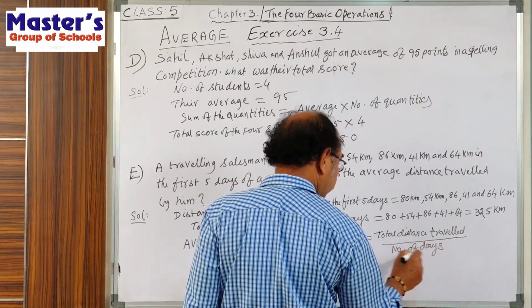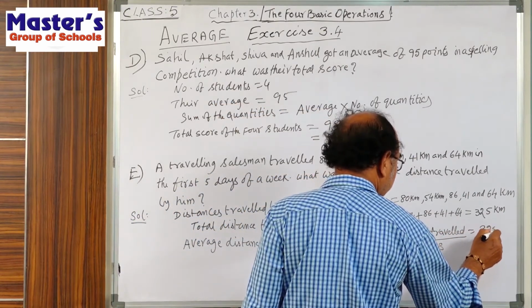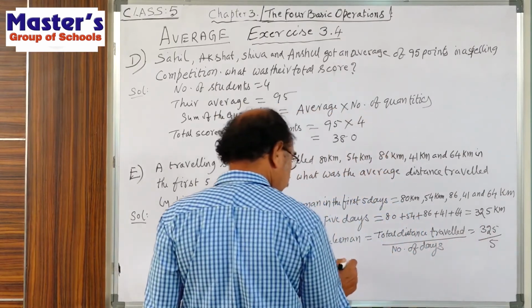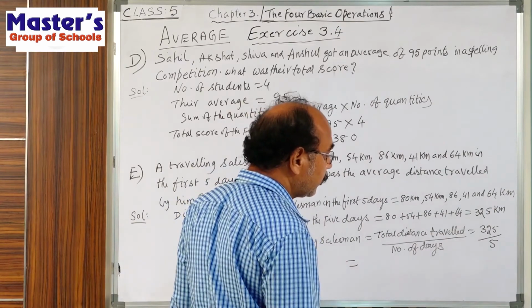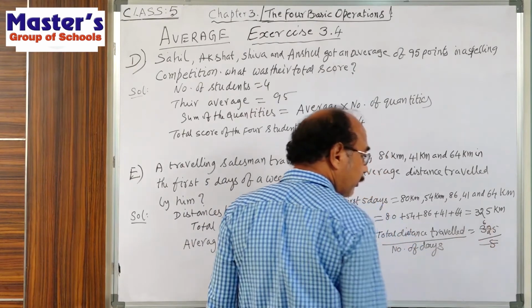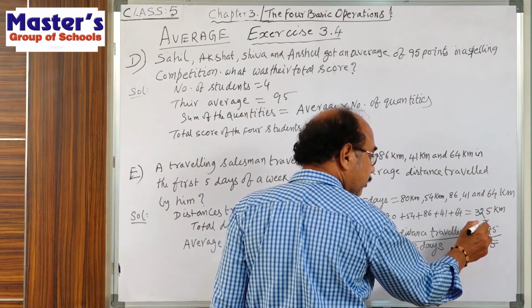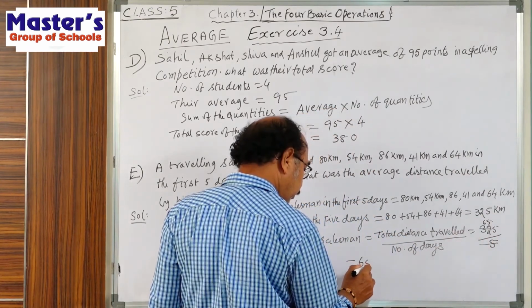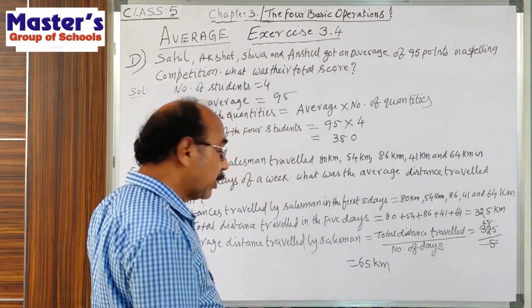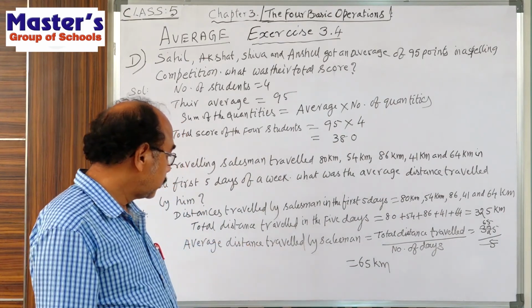Okay, children. That is equal to, what is the total distance here? 325 by number of days, 5. So do the division. Okay, here 5 in 32, 6 times. 5 6s are 30. 2 is there, side 5, 25, 5. 65 kilometers. 65 kilometers. That is the average distance traveled by the salesman.